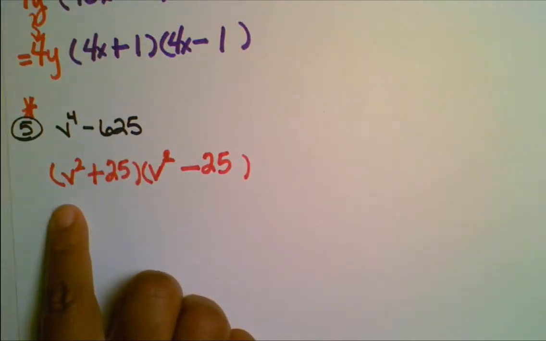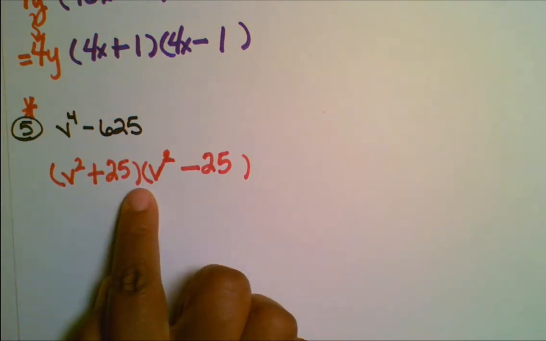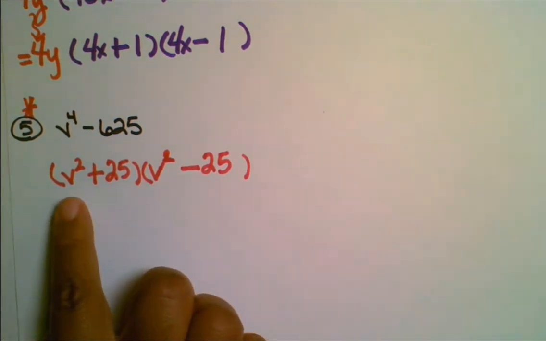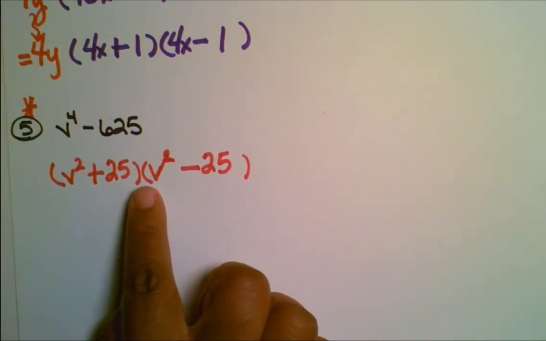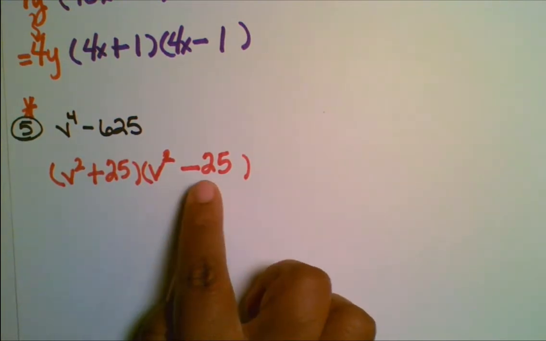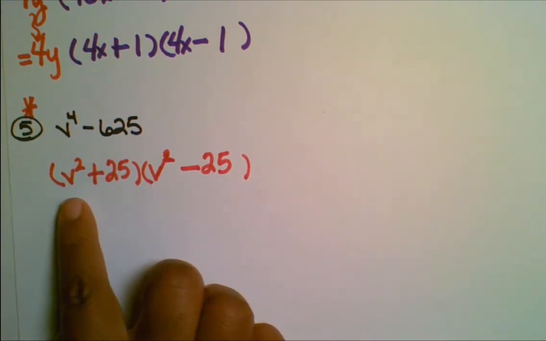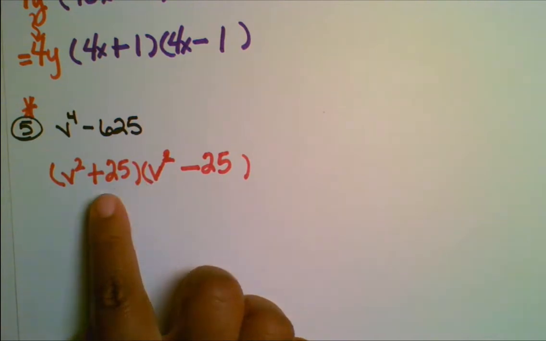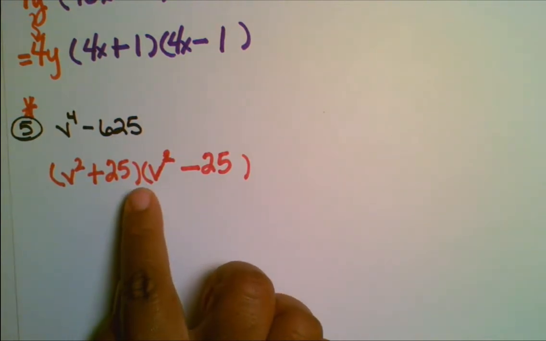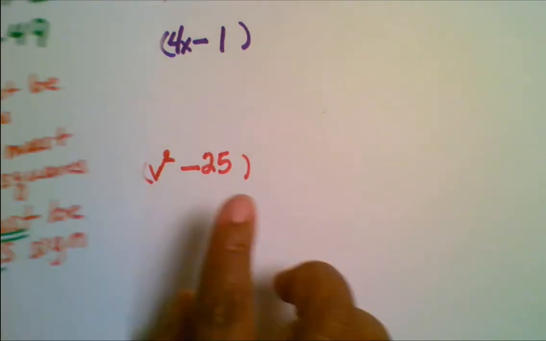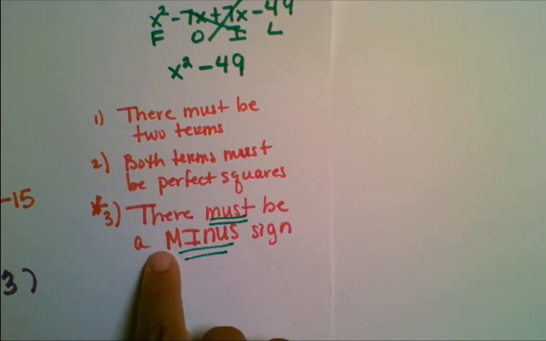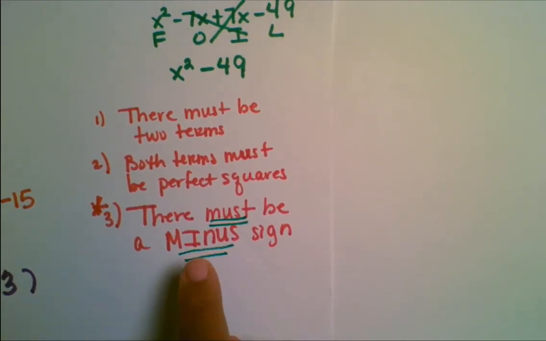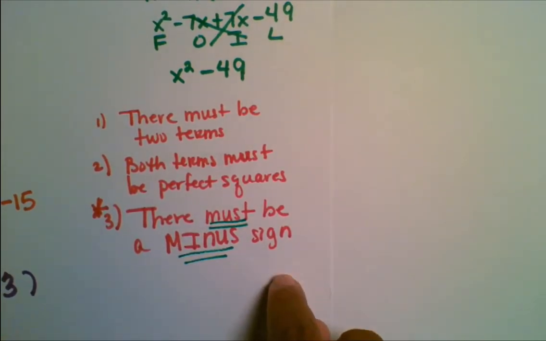Both terms must be perfect squares. Well, look at each parenthesis. Both terms are perfect squares. We can find 2 identical factors that would give us v squared. We can find 2 identical factors that would give us 25. But where I told you to place an asterisk here, there must be a minus sign.